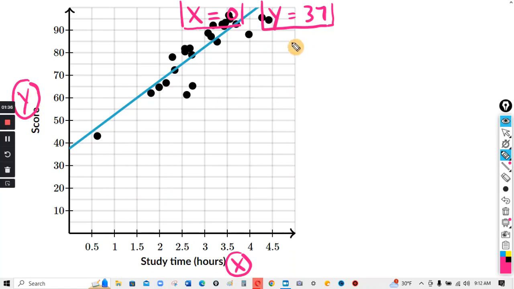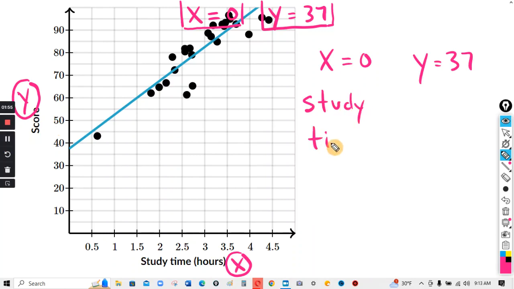So how do we interpret x equals 0 and y equals 37? X is the study time, so the study time equals 0. And y equals 37, that's the score, so the score equals 37.